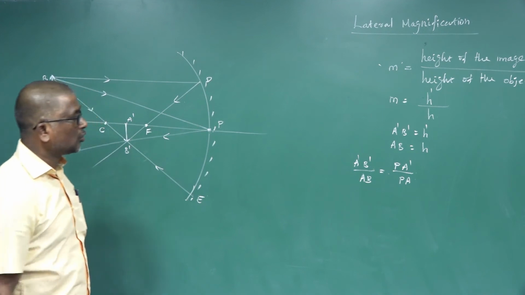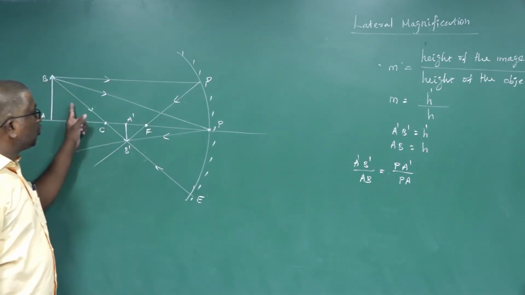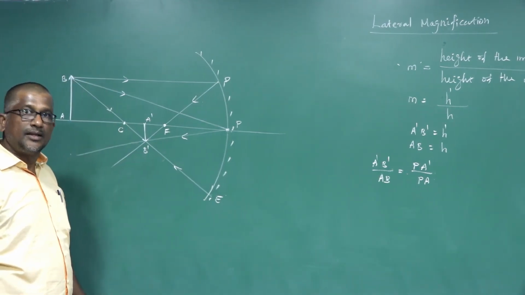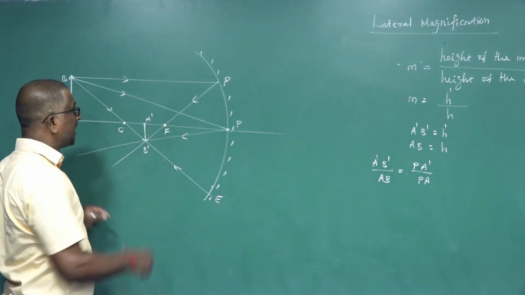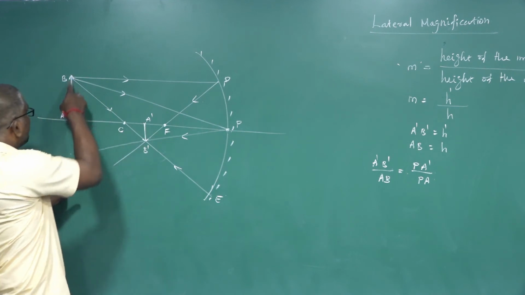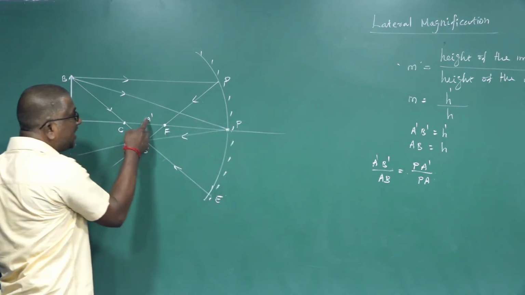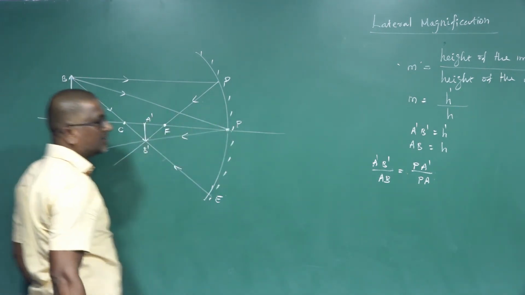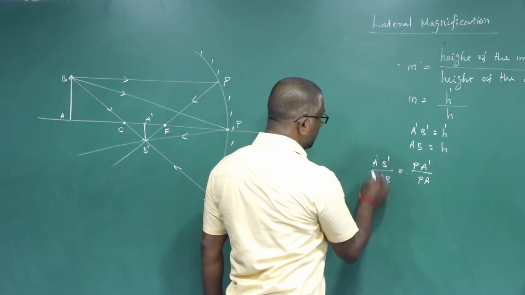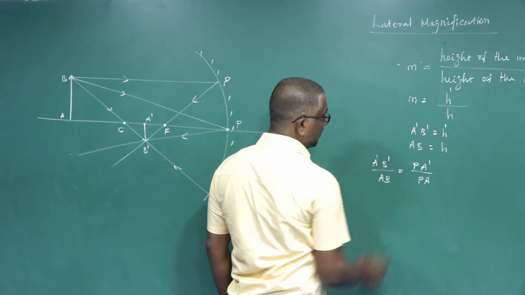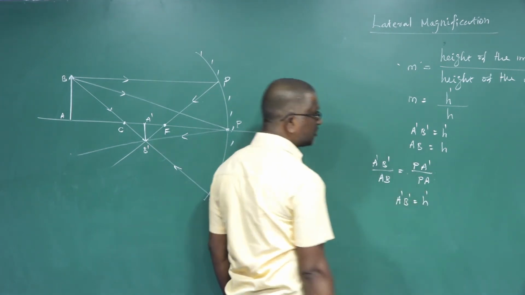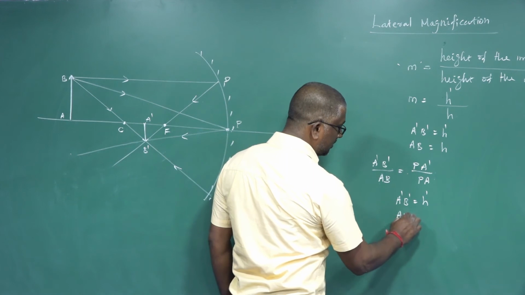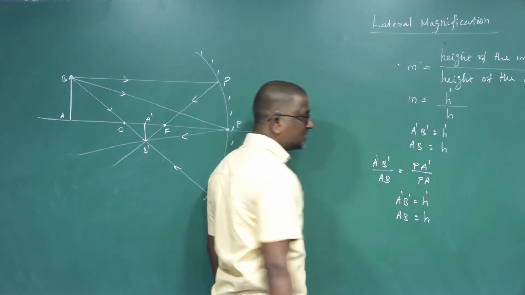We know the rule of similar triangles: if two right angle triangles are similar, their sides are proportional. So by applying the rule, A'B' divided by AB is equal to PA' divided by PA. And A'B' is equal to h prime, and AB is equal to h.